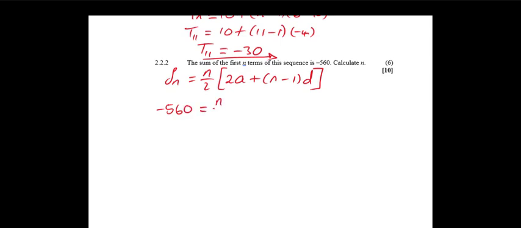The first term is 10, plus n minus 1 times the difference, which was negative 4.